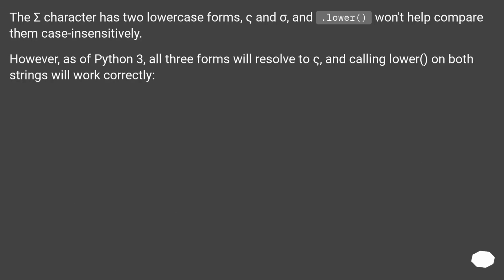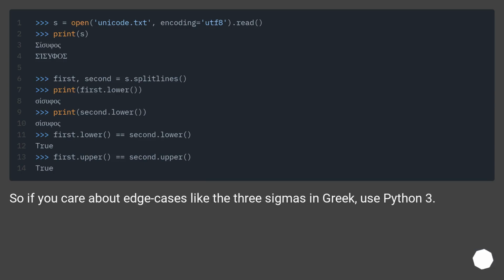However, as of Python 3, all three forms will resolve to σ, and calling lower() on both strings will work correctly. So if you care about edge cases like the three sigmas in Greek, use Python 3.